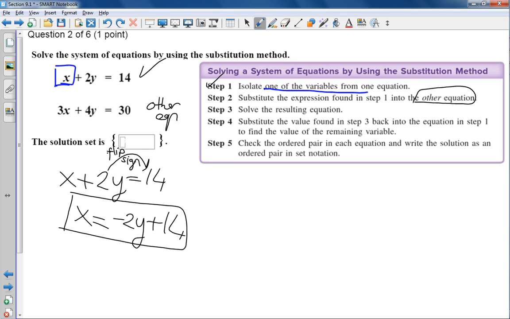How? By substitution. Everywhere I see this variable, you see it's alone, I need to replace this variable everywhere in the second equation with this guy, minus 2y plus 14. Every x will be substituted by this guy. All right? Let's do it.